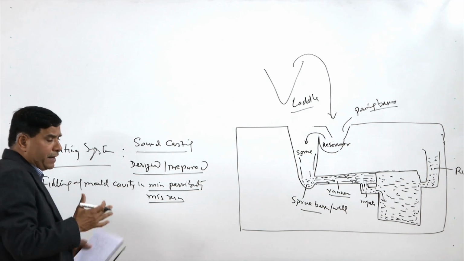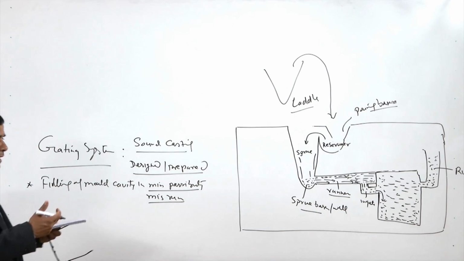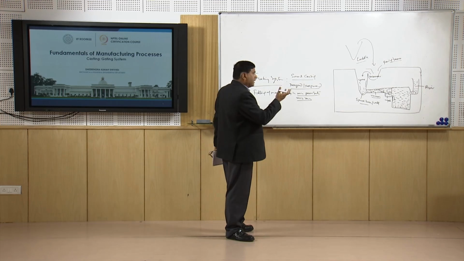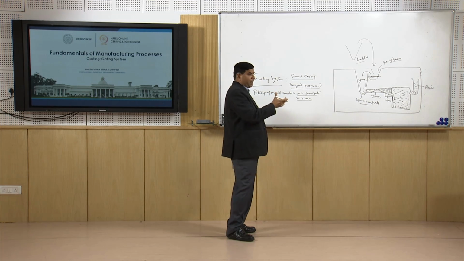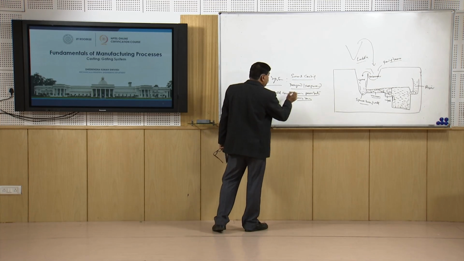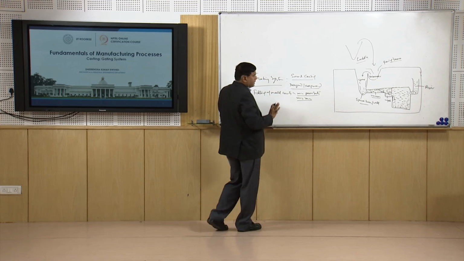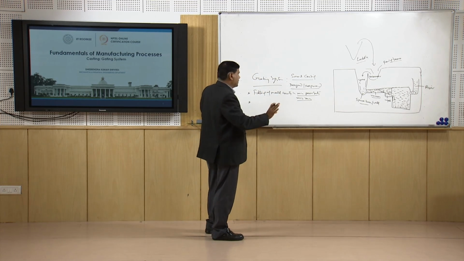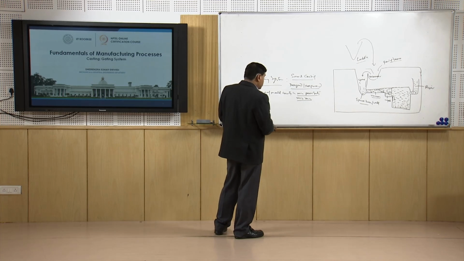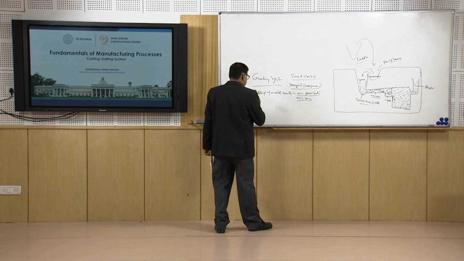If it takes very long, then the temperature of the molten metal may reduce significantly, and in that case the streams coming from the two sides may not fuse together, and that may lead to defects like cold shuts. So, filling of the molten metal in the minimum possible time is really important, so that the molten metal at the correct temperature reaches the different sections before the commencement of solidification. So, the entire zone, all the sections, are filled effectively by the molten metal.